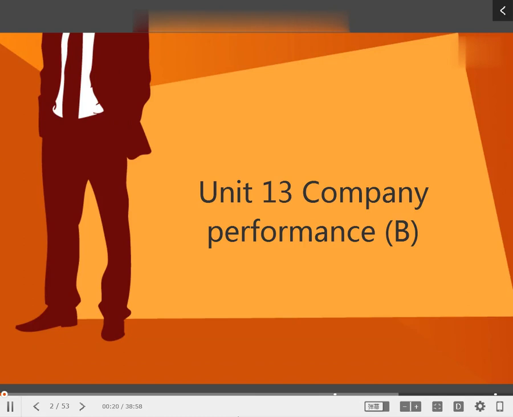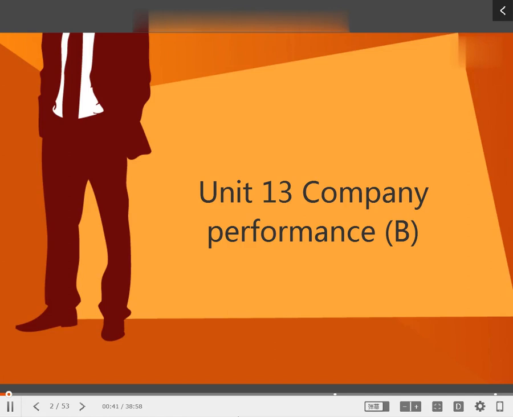Now, last time we learned how to describe charts and graphs in English and how to predict a country's economic performance by studying the economic indicators. And in today's class, we're going to continue talking about company performance.